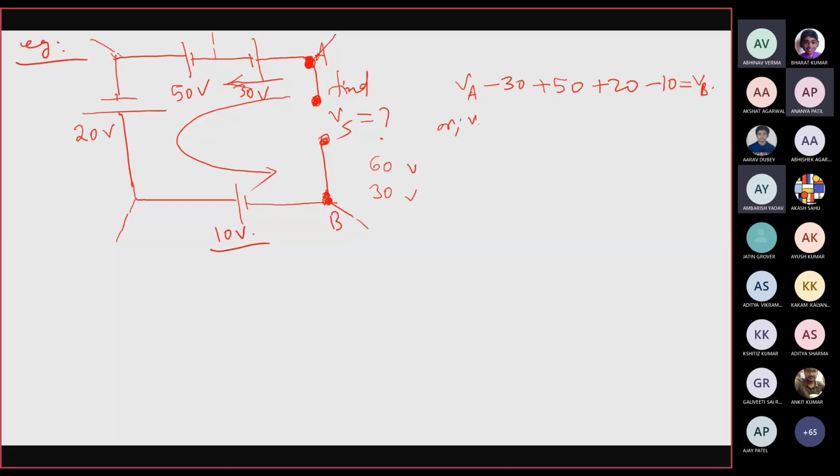Or VA minus VB will be simply how much? 50 plus 70 minus 40, that is 30 volt. So VA minus VB is basically your Vs. So this will be 30 volt, right?